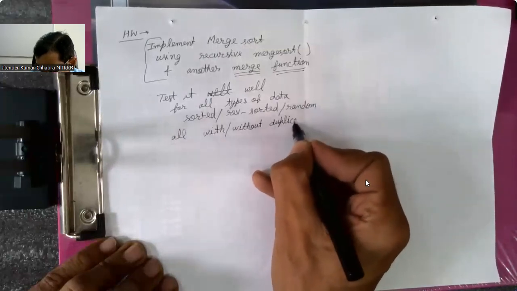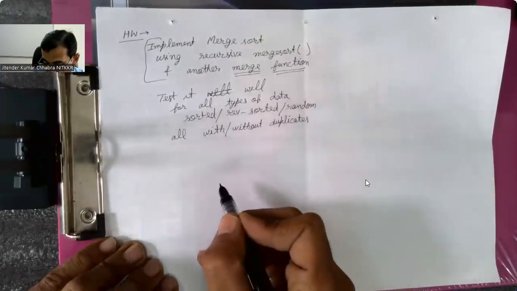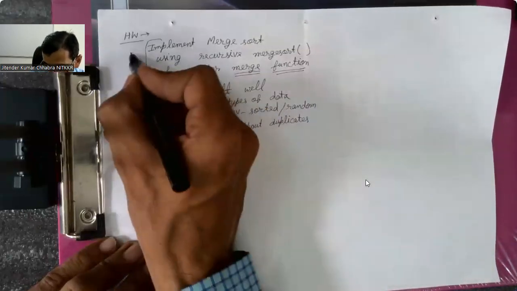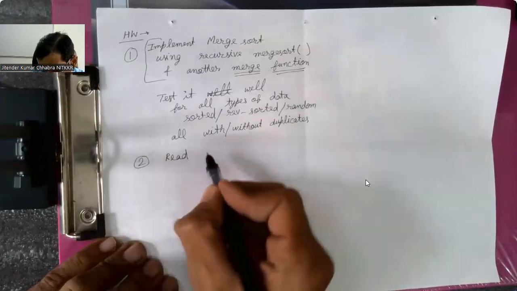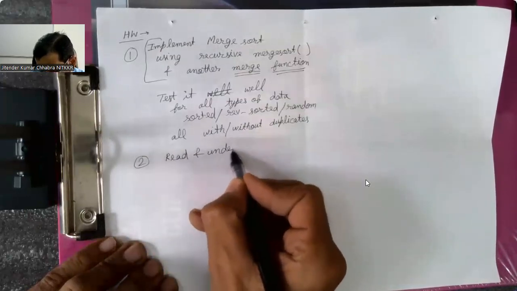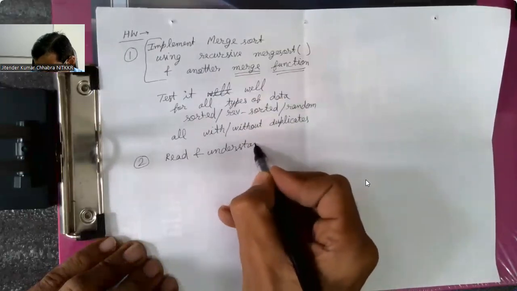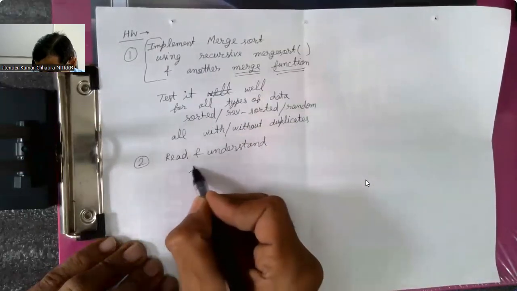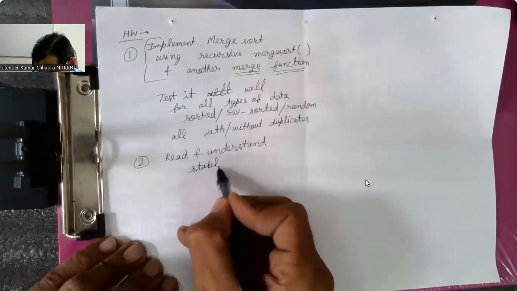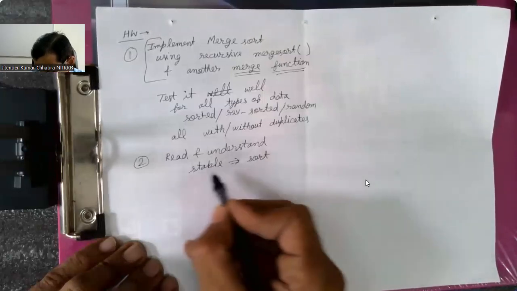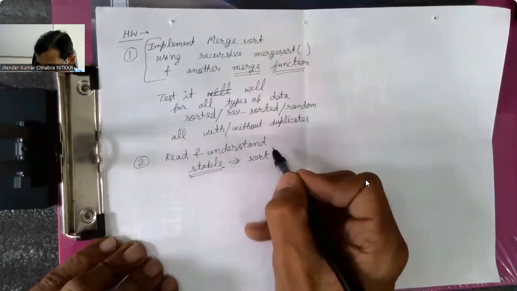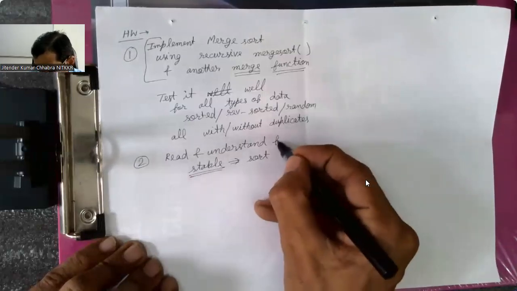Sample data in the last video I have shown, try all that. And further, read and understand the concept of stability. How that word sorting or stable sort is relevant, read and understand from the book.